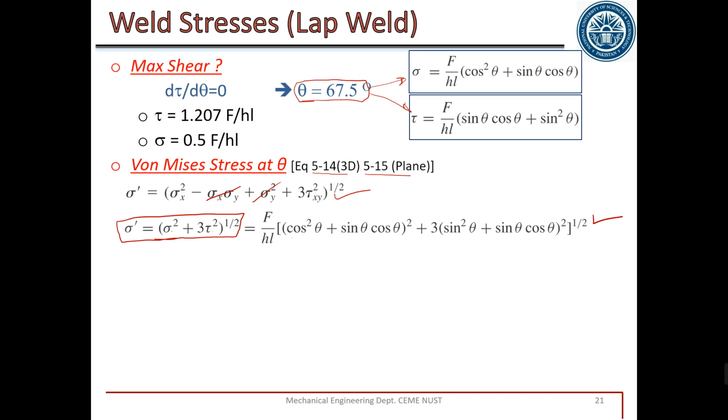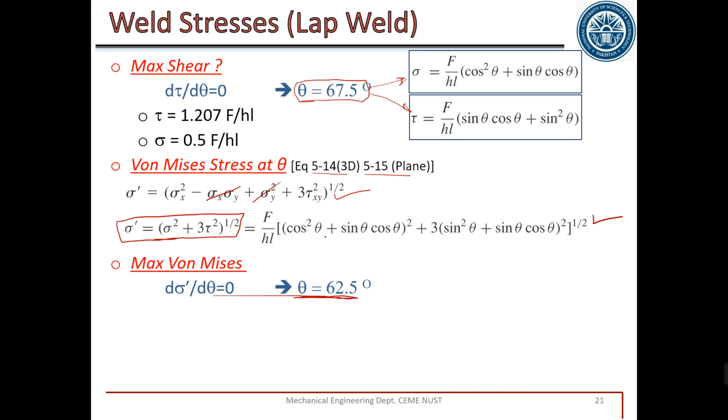And what they have done is calculate the value of theta where von Mises stress is maximum. Differentiating this sigma prime with respect to theta and equating it to 0 gives us theta equal to 62.5 degrees. So at theta equal to 62.5 degrees, von Mises stress on the fillet weld, or lap weld, is maximum.